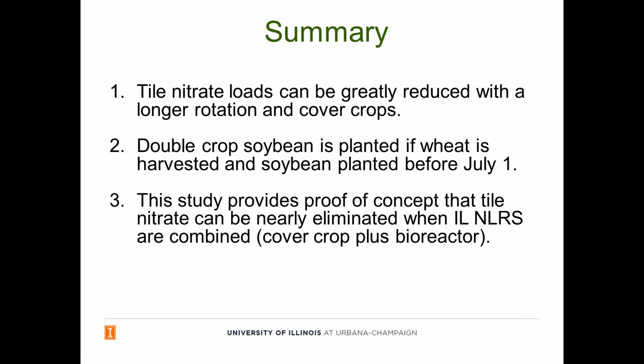They do remove some tile nitrate, and when combined with cover crops and this longer rotation, we can dramatically reduce tile loss. And so it makes me quite hopeful for the future that we can move the needle before we get to that 2025 interim date where we need to reduce nitrate leaving the state by about 15%.